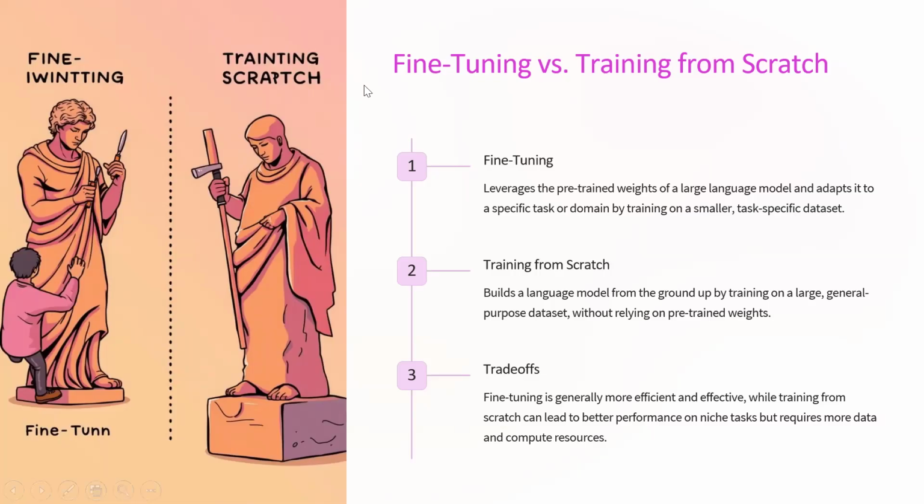Training from scratch builds a language model from the ground up by training on a large data set without relying on pre-trained weights. Instead of training from scratch, in case of LLMs, we can use the Hugging Face model. In Hugging Face, there are many various types of models included, so we just don't need to start from scratch, or we can use them directly.